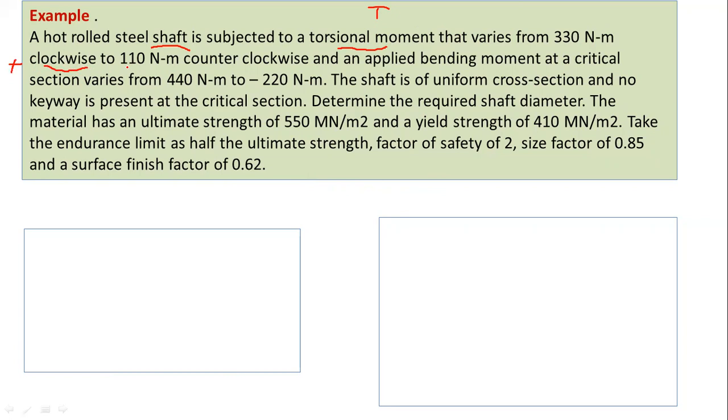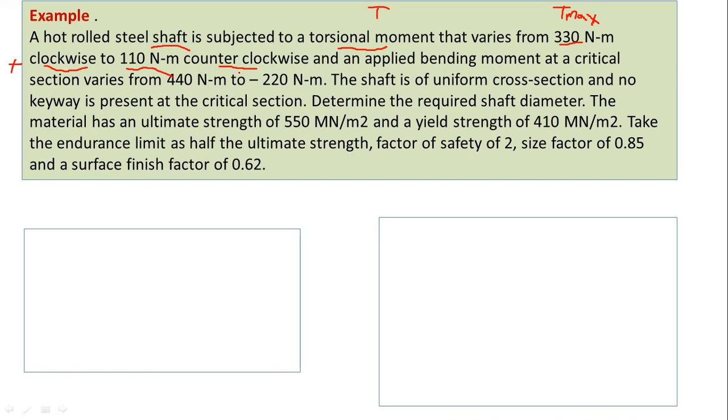330 Newton meter is the T max. Maximum torque equal to plus 330. And here minus 110. You have to consider minus for counterclockwise or anti-clockwise.